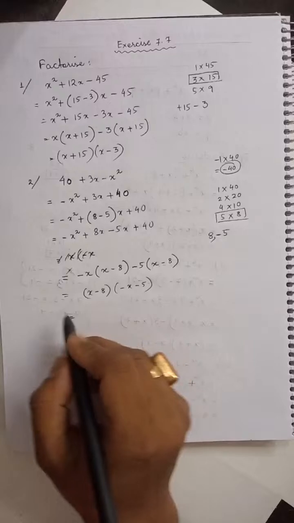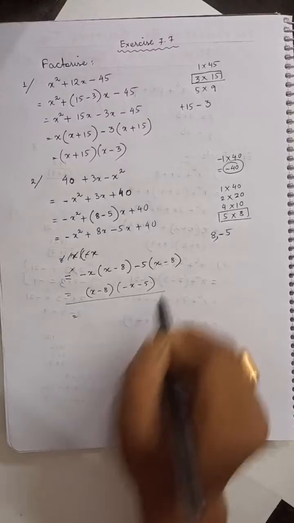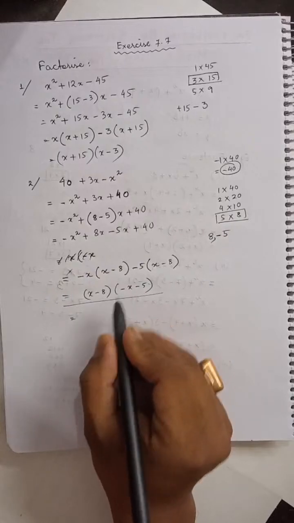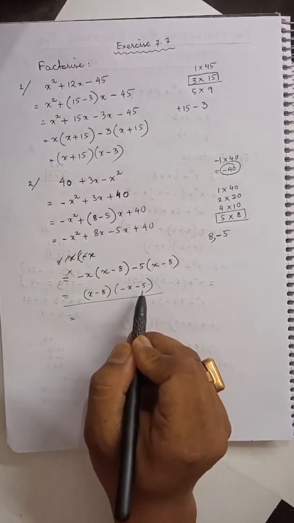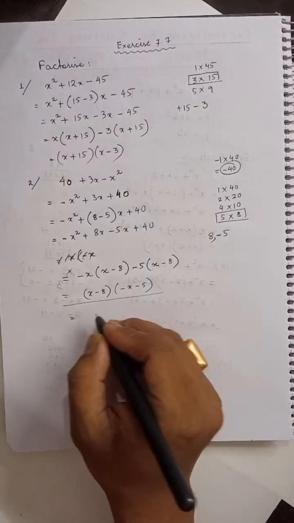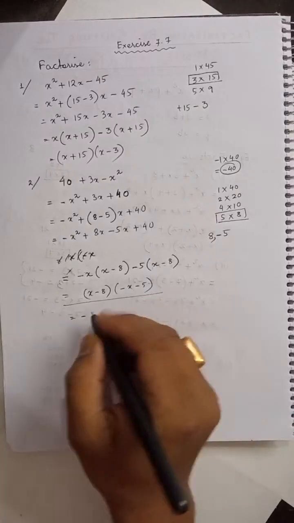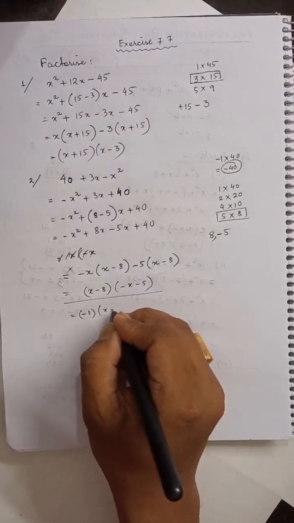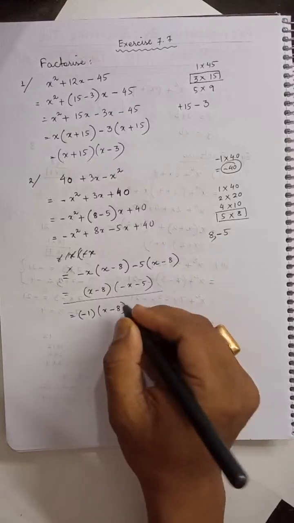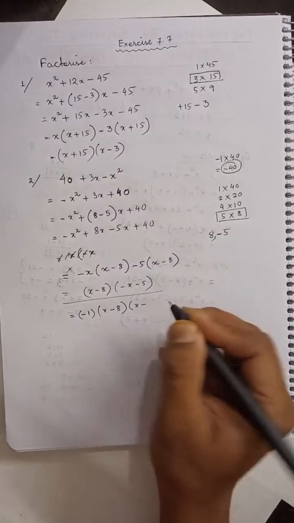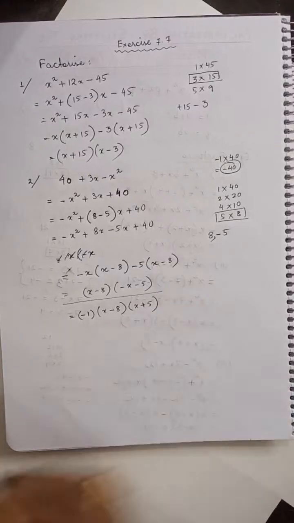Okay, I mean, if you write till here, you are going to get marks. Okay, so let me just refine the solution. So here both the terms are negative. Okay, so what we can do, we can take the minus 1 common from both the terms, then we will be left with x plus 5.